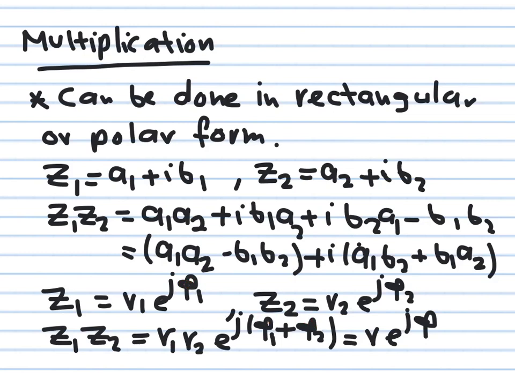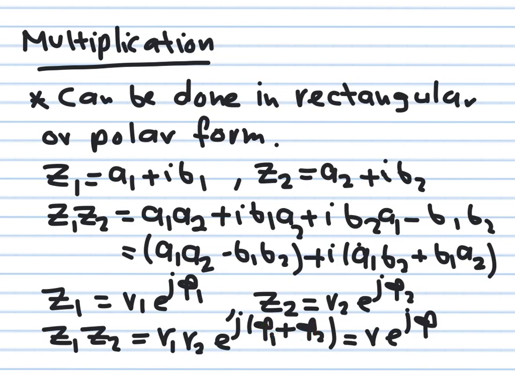Okay, so now we know when you multiply two complex numbers, the modulus of the product is equal to the product of the two moduli of the two complex numbers. And the phase of the product is the sum of the two phases of the two complex numbers.